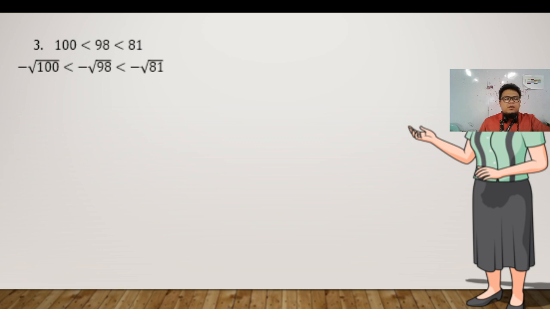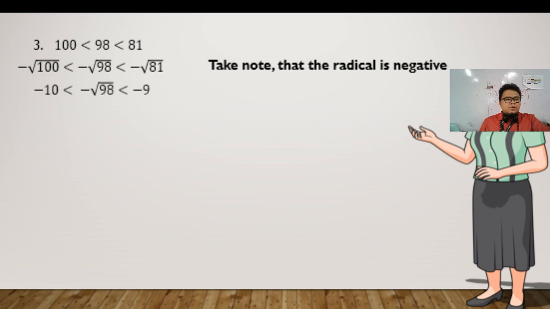The negative square root of 100 is negative 10. Take note, the radical is negative. So negative 10 and negative 9. Therefore, the negative square root of 98 is between negative 10 and negative 9.